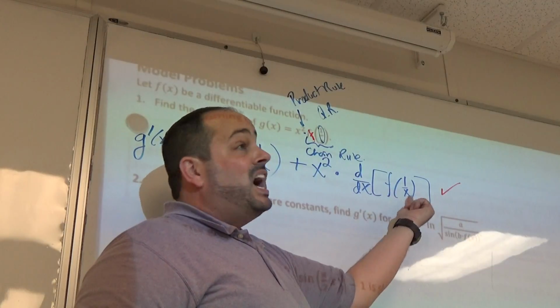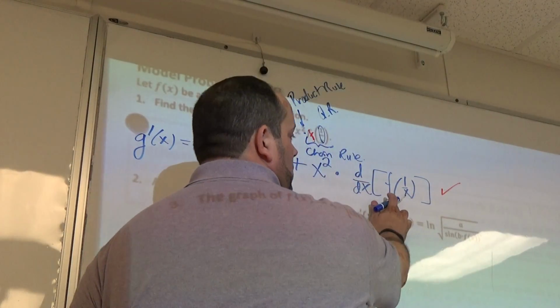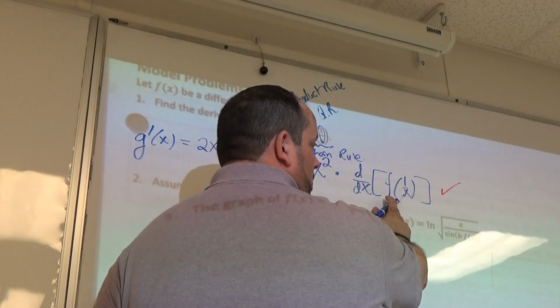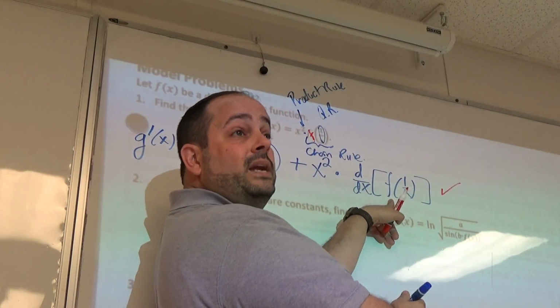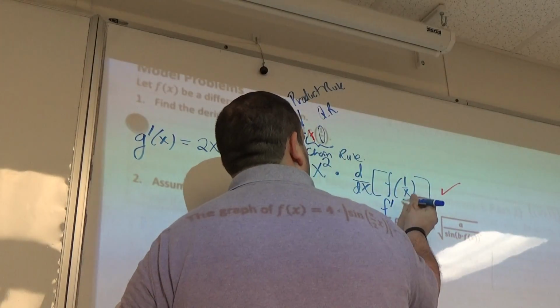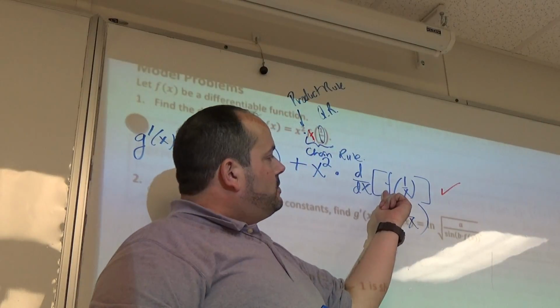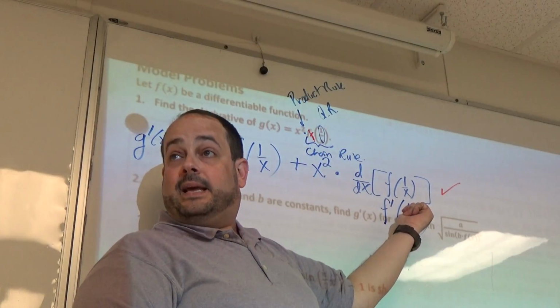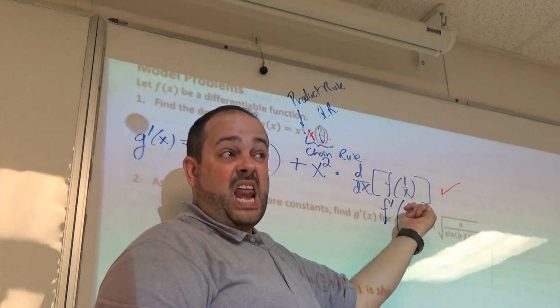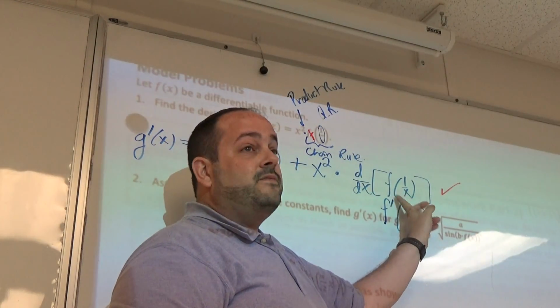So the derivative of the mama, what is that? F prime, but leave her baby alone. So it's the derivative of the mama, leave her baby alone, and then multiply by the derivative of the baby.